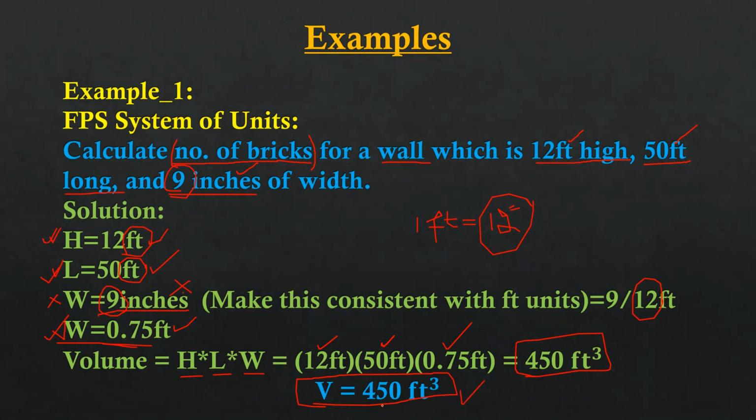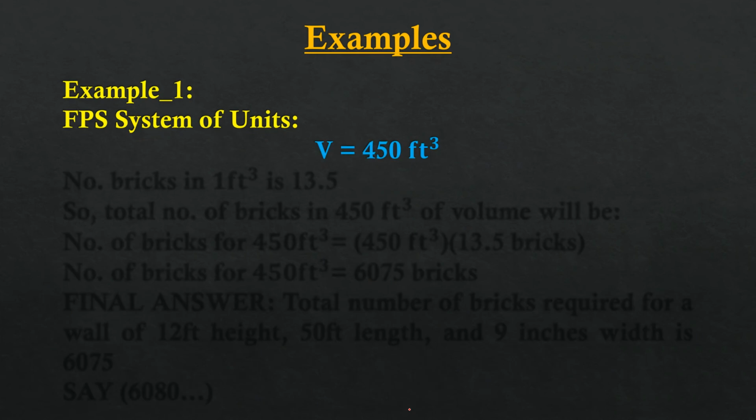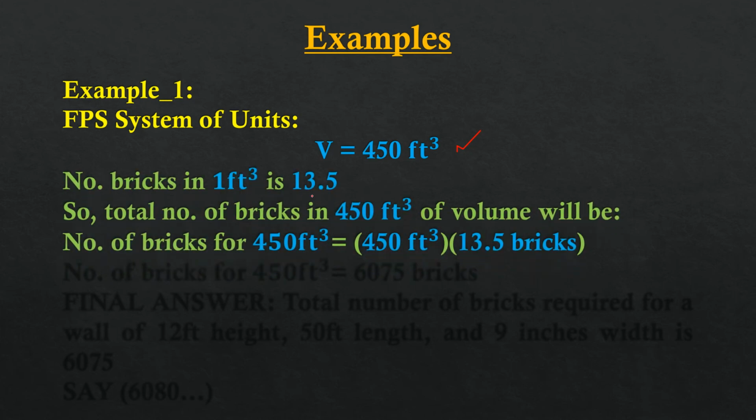So we have to determine the number of bricks required to construct a wall having this volume. For this volume of 450 feet cube, we have to calculate the number of bricks. As we know, 1 foot cube of any structure needs 13.5 bricks.